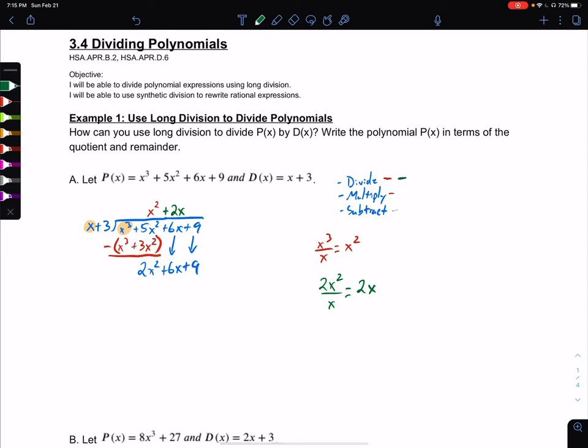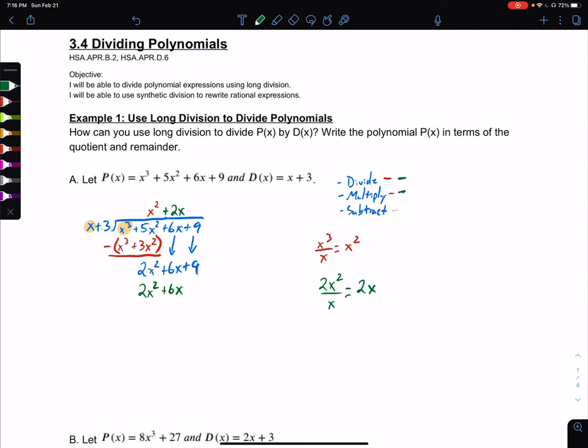So that's our division. Now we're going to multiply. Remember, it's this 2x times both of these terms outside. So 2x times x is going to be 2x squared. Those should match up. They do. 2x times 3 is going to be 6x.